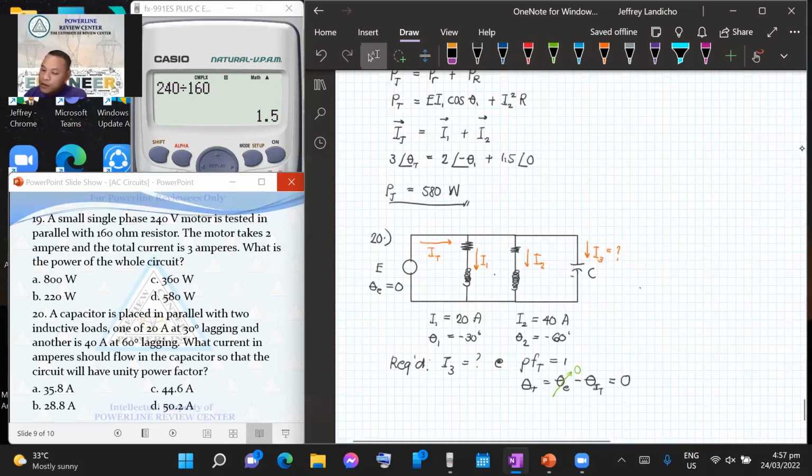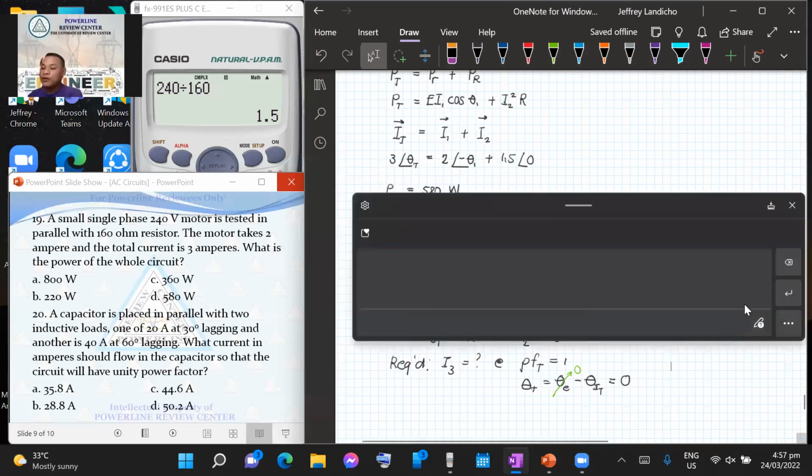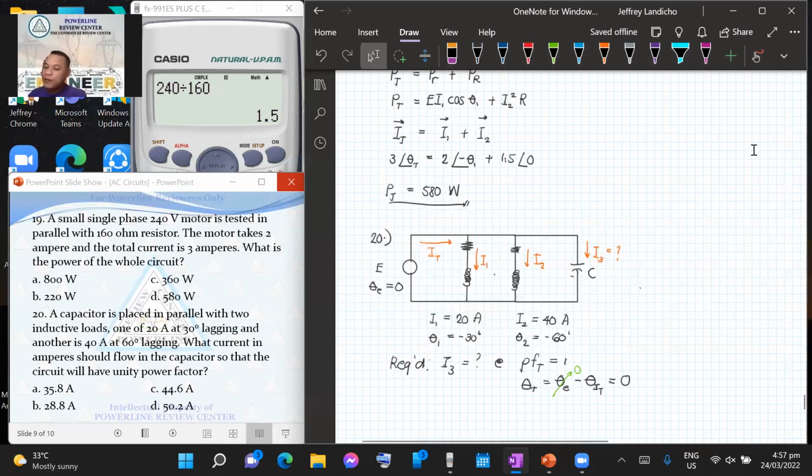So it only means the angle of our total current should also be 0. So when we add them using parallel operation, the total angle is 0: I1 with angle negative theta sub 1, plus I2 with angle negative theta sub 2, plus I sub 3. What will the angle of I sub 3 be?